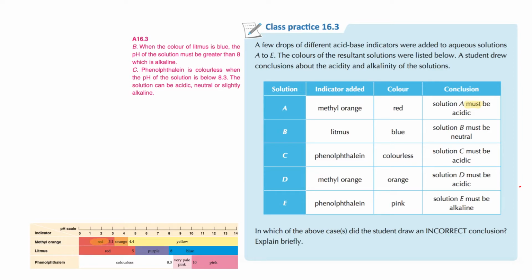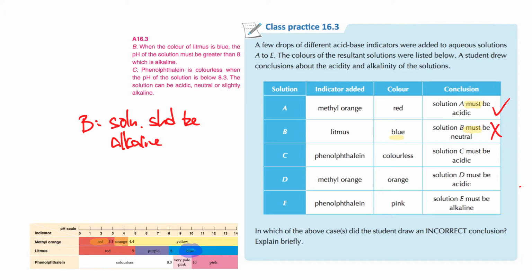Red is right there. Next, litmus: if it is blue, it must be neutral. You find that if litmus is blue in color, it is actually already above neutral. It should be alkaline. So part B should be incorrect. The first one is correct. For B, the solution should be alkaline.